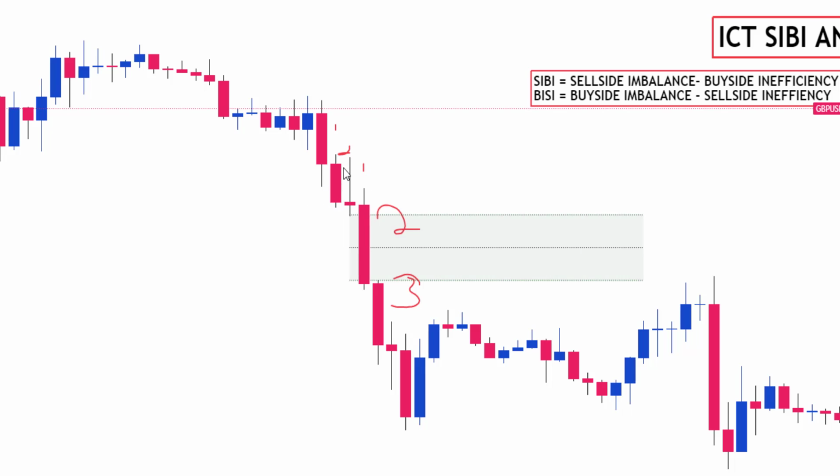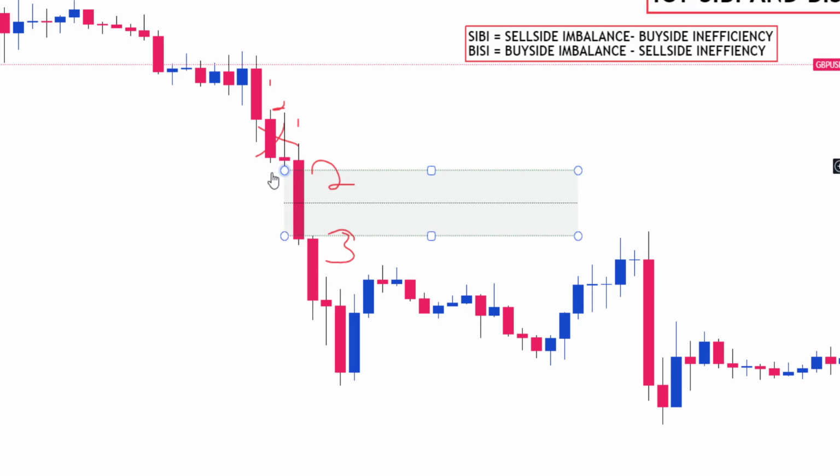So this is not a fair value gap. This is a balanced and efficient price delivery. So in simple terms, when you hear the word CB, sell side imbalance, buy side inefficiency, it is a bearish fair value gap. So this is a bearish fair value gap because it is in a bearish direction.